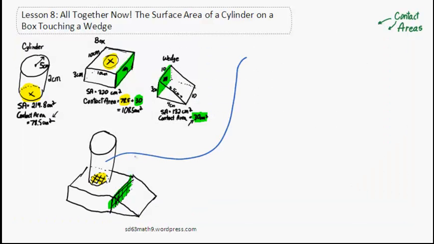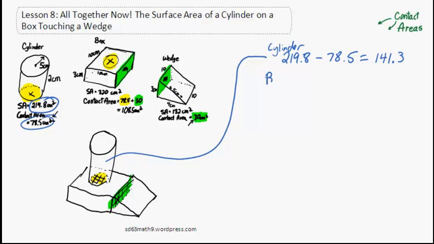All right, well, let's put all this together now. The surface area of the cylinder touching the box is the surface area of the cylinder, 219.8, minus the contact area, 78.5, which is 141.3.